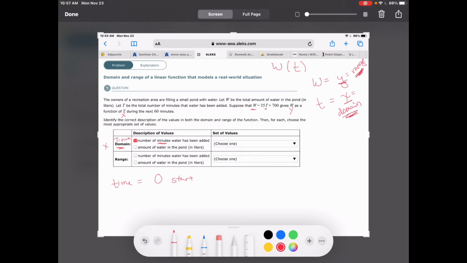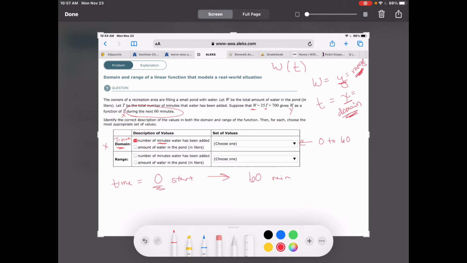And they give us some extra information here. It says during the next 60 minutes. So we could start at 0, and then we're going to go for 60 minutes. So somewhere in this drop down is like 0 to 60, because that's how many minutes we're going to be filling our pond. That's the domain of the function. That just is what it is talking about when we're talking about the time.